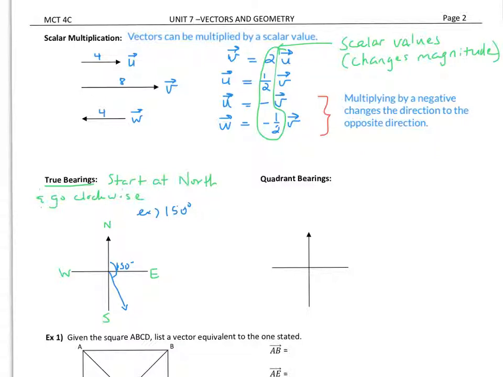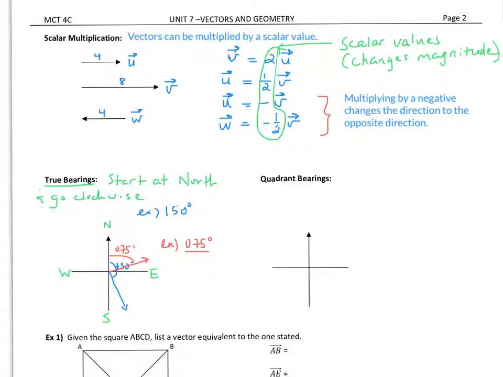So if I wanted another example here, let's say I had the example of 075 degrees. Because a full revolution is 360 degrees, usually they put all 3 digits with it. That just means it's only 75 degrees clockwise from north. So that one there would be my 075 degrees.